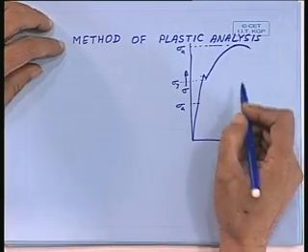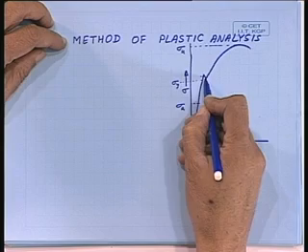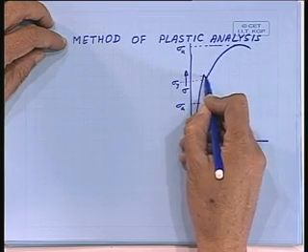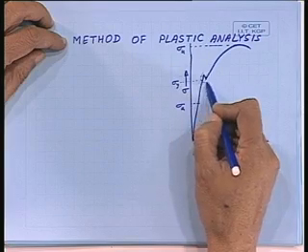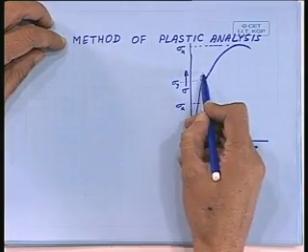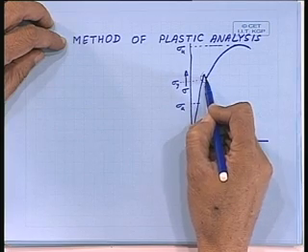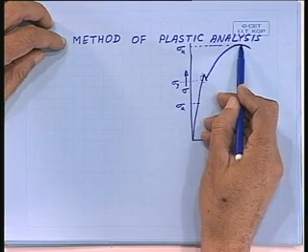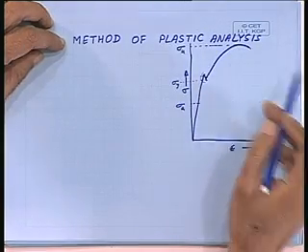Basically, this is a typical nature of steel. In other materials you will not find this part, and for steel we say this is the upper yield point and this is the lower yield point, and where it is supposed to reach the maximum is known as the ultimate strength.